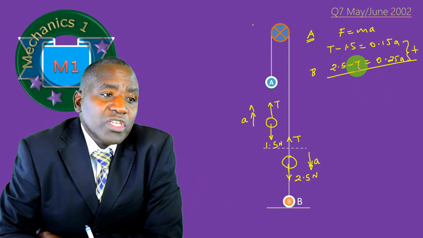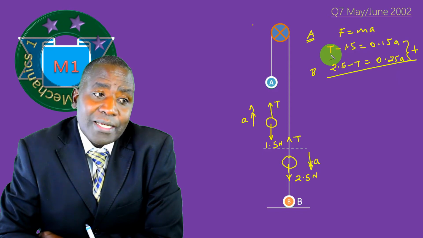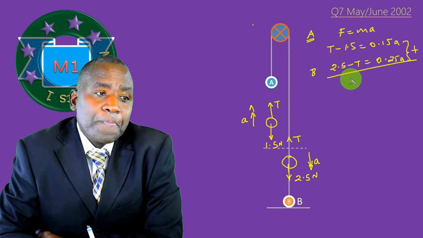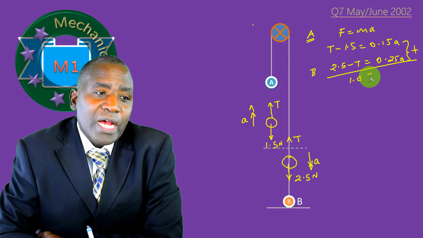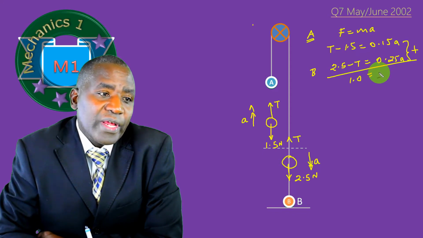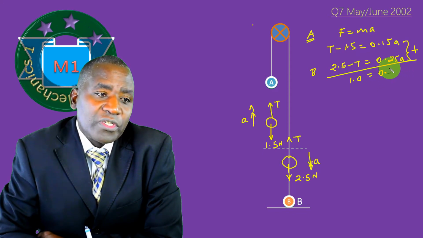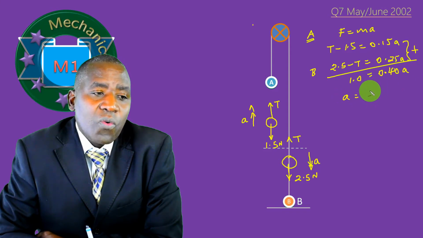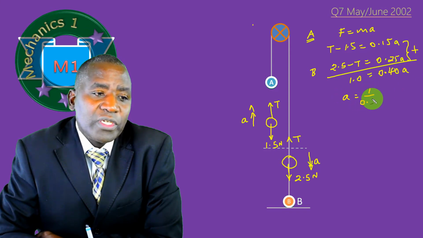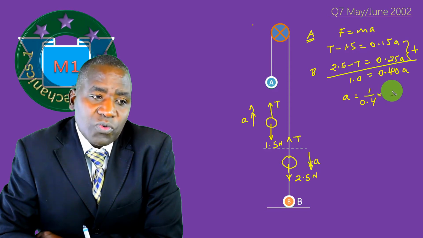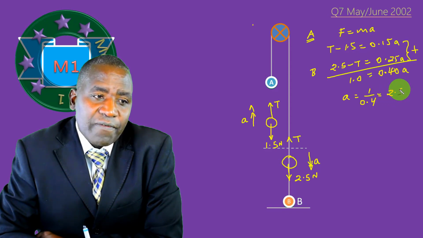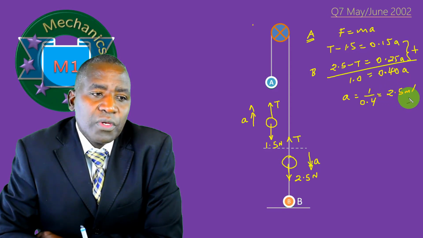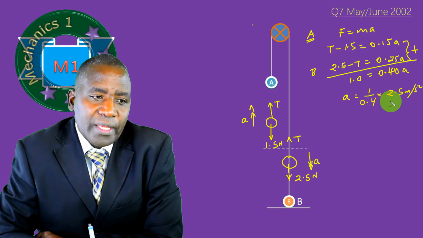When you add, this T and this T will cancel out. This and this will give you 1.0. And when you add everything on the right, it will give me 0.40a. You can see a is 1 over 0.4, and this is what is giving us 2.5 meters per second squared.